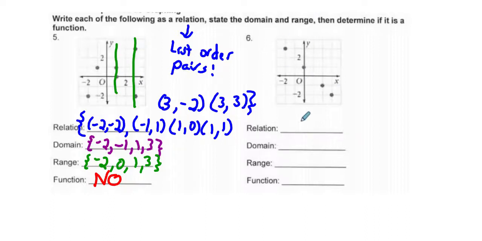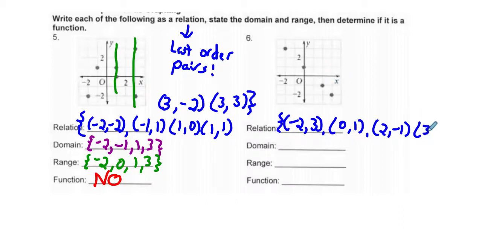Repeating the process for number 6, we have our relation is the points -2, 3, 0, 1, 2, -1, 3, -2. And then our domain would be the x values.